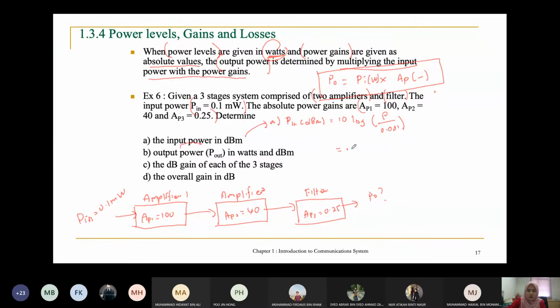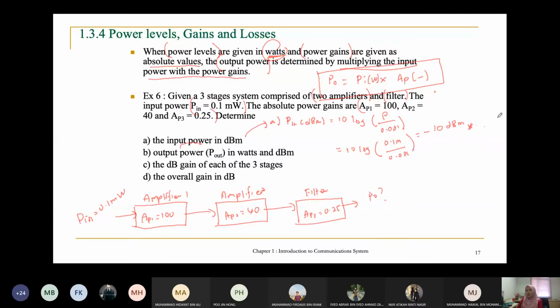So 10 log, your P is 0.1 milli, divide by 0.001. So you will get negative 10.